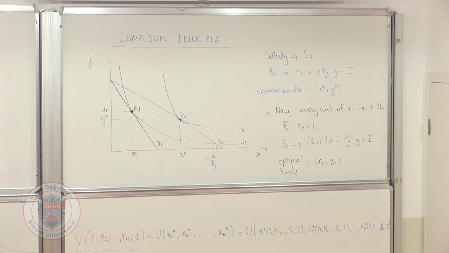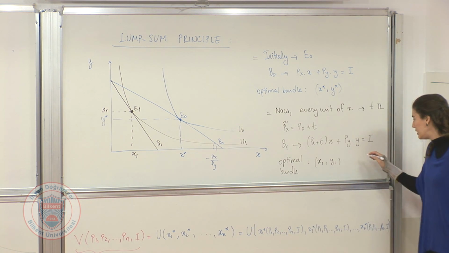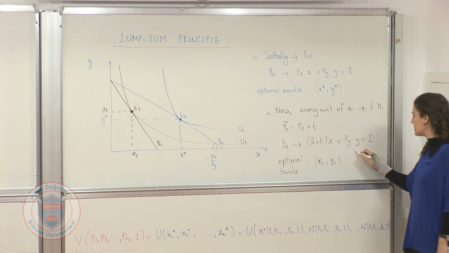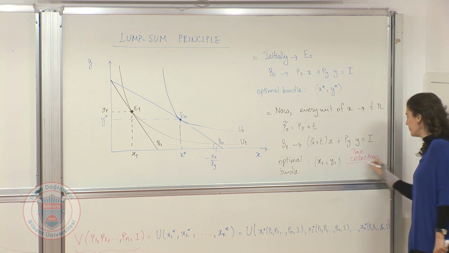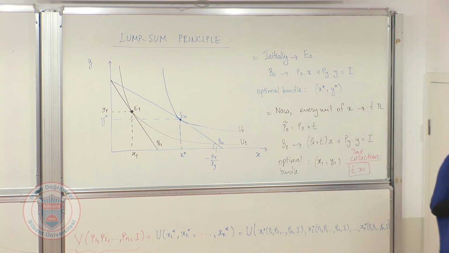T times X1. So the tax collection is T times X1. Suppose the government says, okay, I'm going to get this T times X1, let's say it's 100 Turkish liras, from your income.